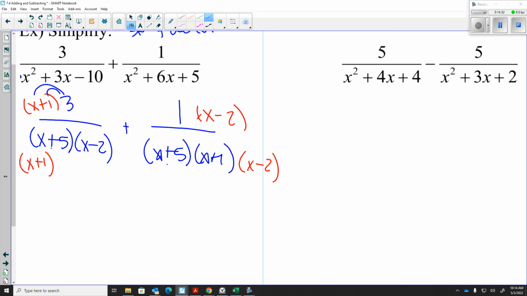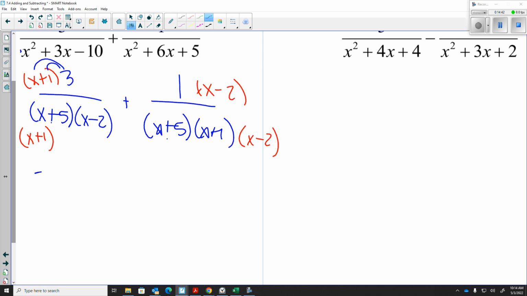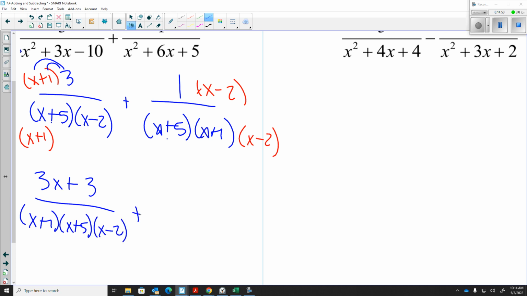So what's on top of this one? 3x plus 3 over this whole thing, x plus 1, x plus 5, x minus 2. Okay, it's plus this. I got to distribute it. It's easy because it's 1.